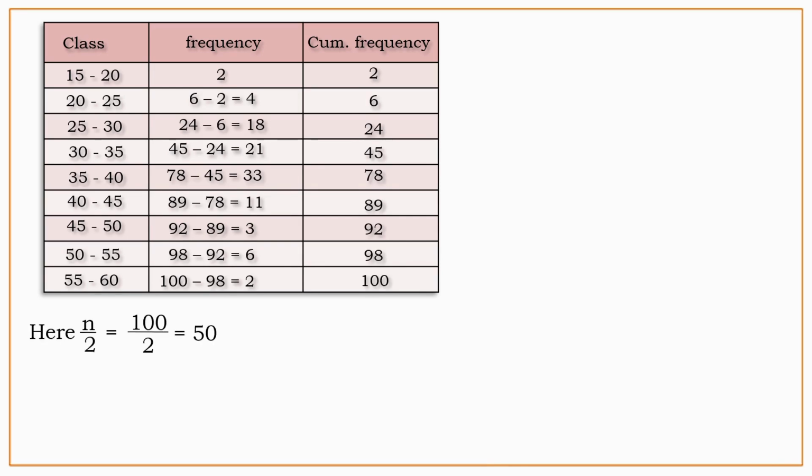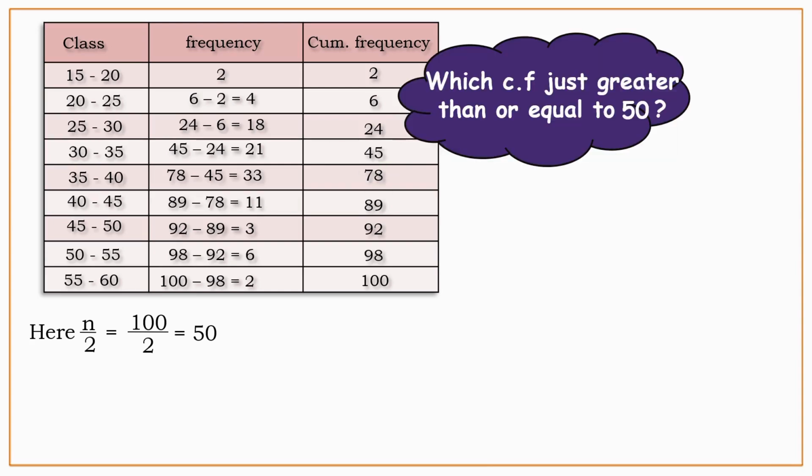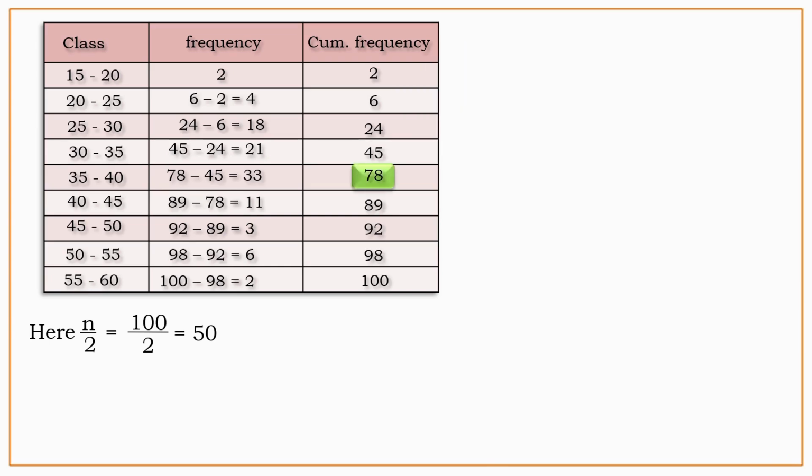Now, what is our first action to do? We need to find out the n by 2 value. That is 100 by 2, that is going to be 50. Okay. So now, which CF, cumulative frequency, is just greater than or equal to 50? That is 78, which is just greater than 50.